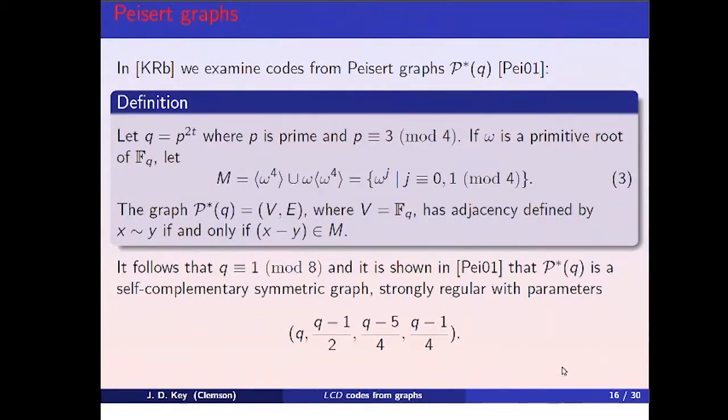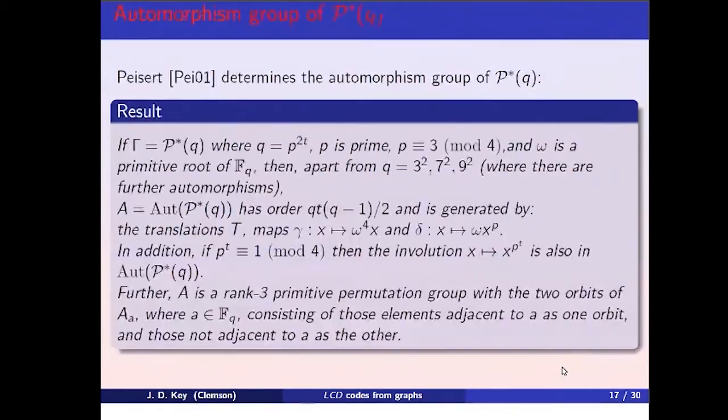Bernardo and the automorphism group is particularly nice and useful for these graphs. The self-complementary property tells you, I won't go through this in general, that sometimes you can get further automorphisms for small values of Q, but otherwise you've got translations.